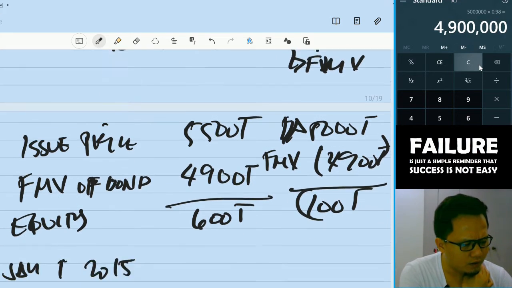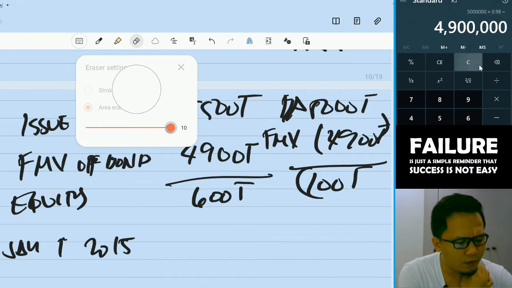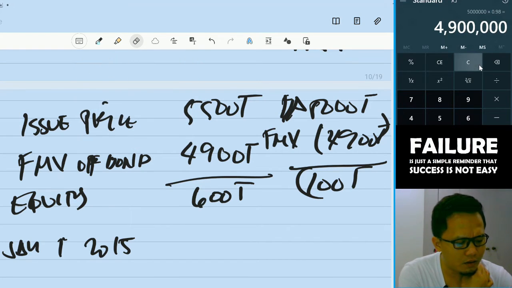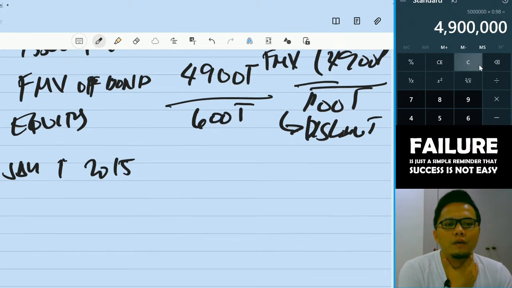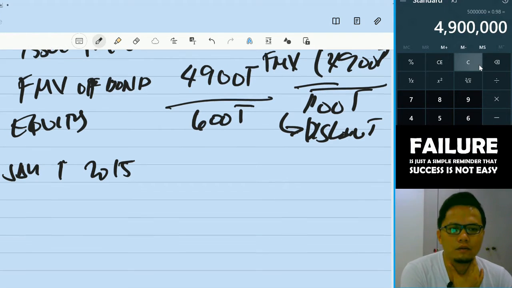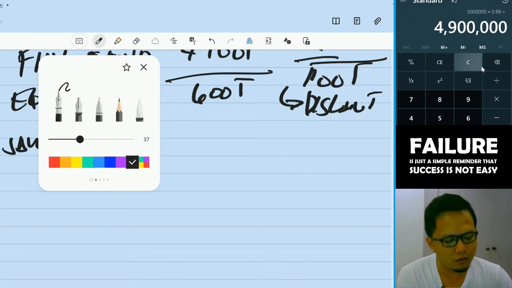We have 100,000 of discount. So, entry, January 1, 2015, date of issue.